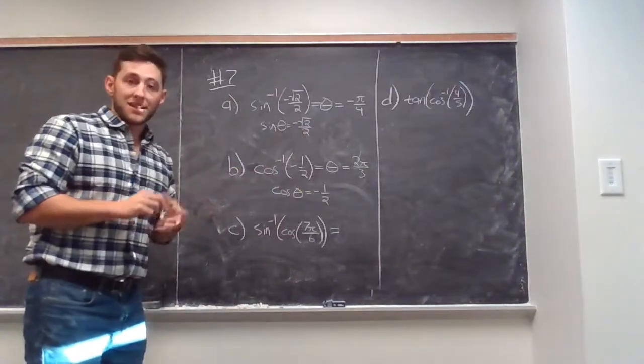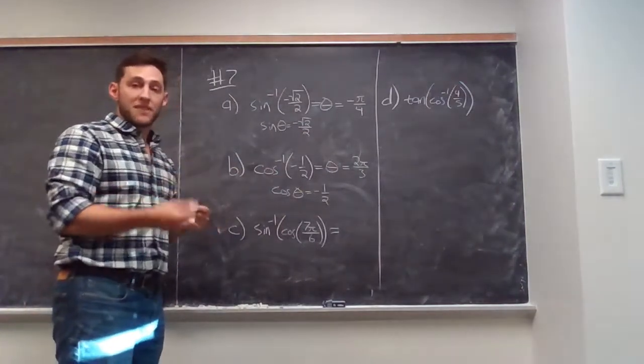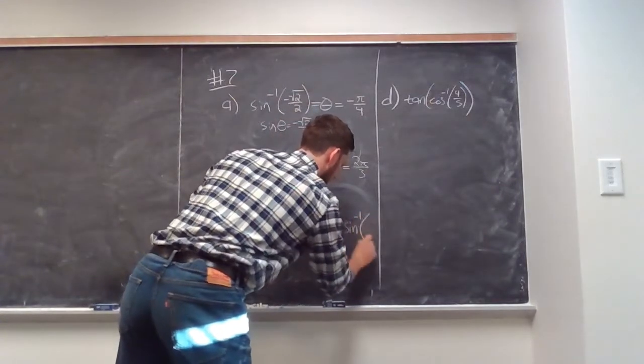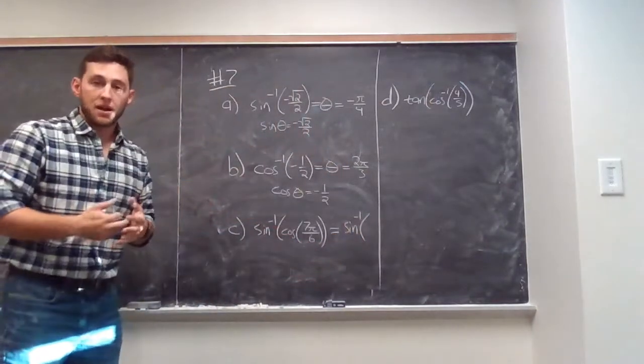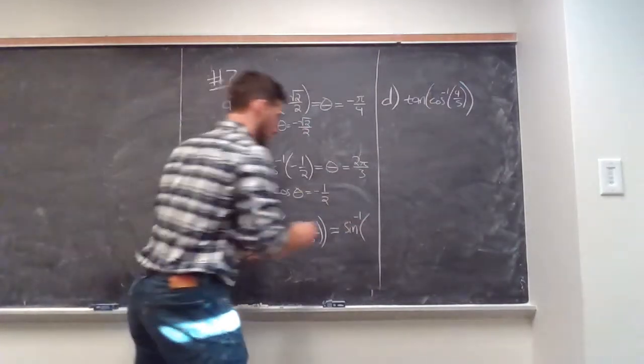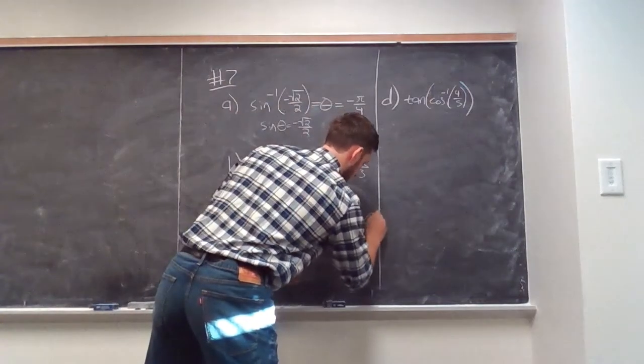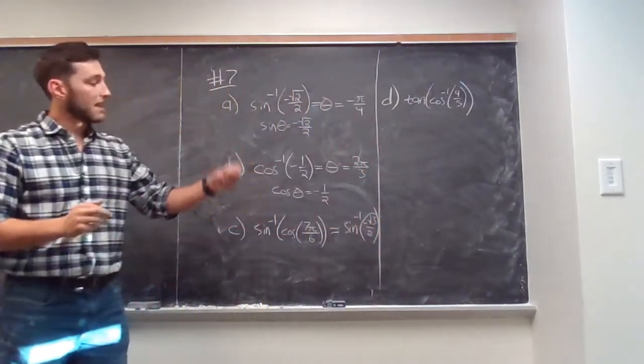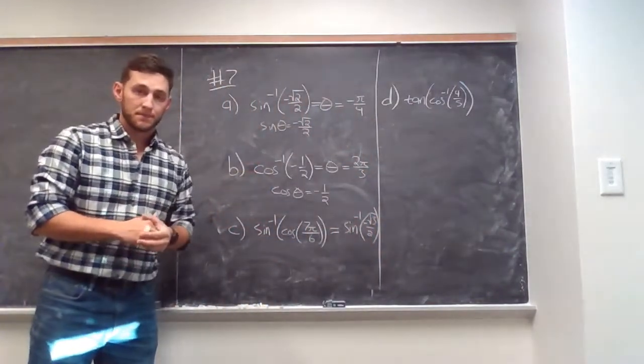Cosine of 7 pi over 6 is the x-coordinate at the angle 7 pi over 6, and that will be negative square root of 3 over 2. So inverse sine of negative square root of 3 over 2.